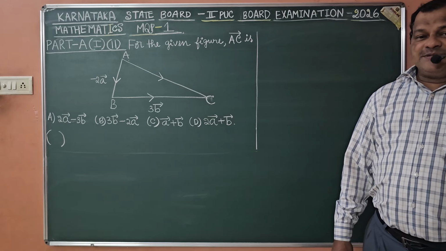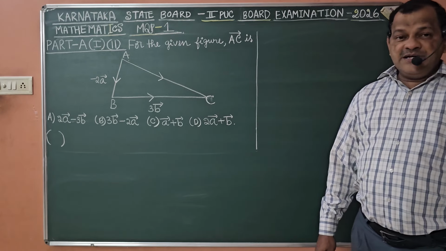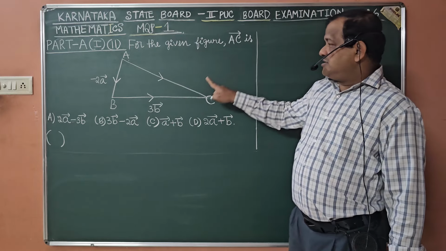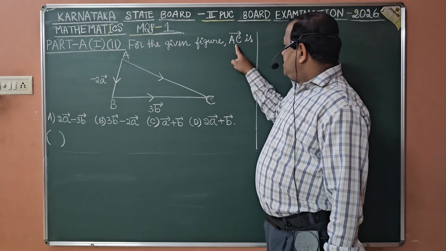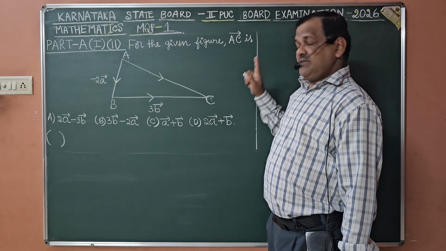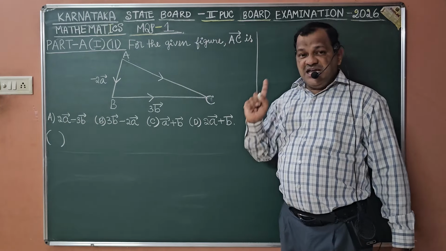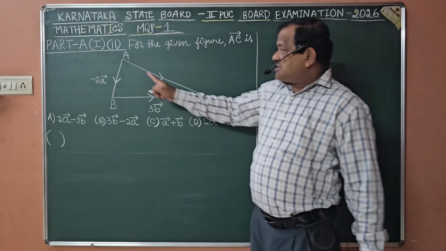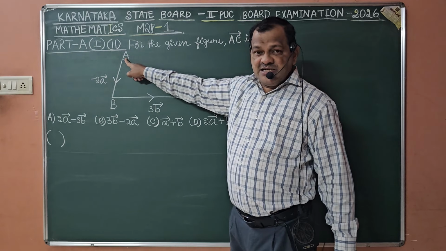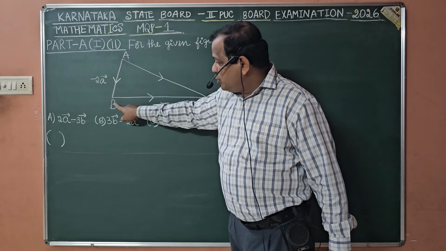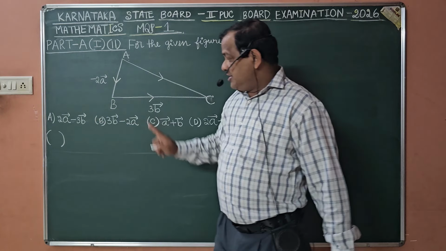Here is the 11th MCQ. Very easy one. For the given figure, AC vector is among the given 4 options. Always start from a vertex, for example A, and go to the AB vector.